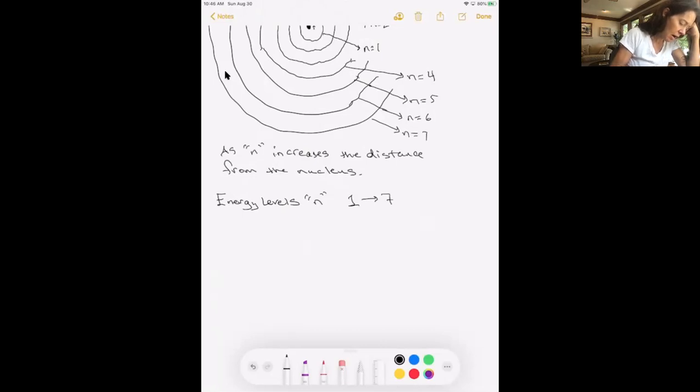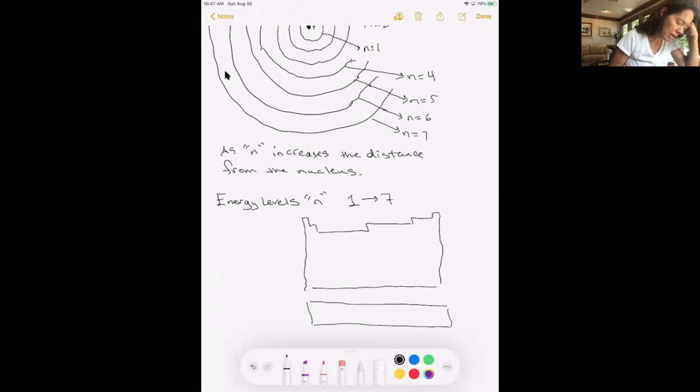We need to learn to visualize this with our periodic table. You're going to see me referencing this periodic table quite often. What you need to realize is there are 1, 2, 3, 4, 5, 6, 7 periods. Periods go across.